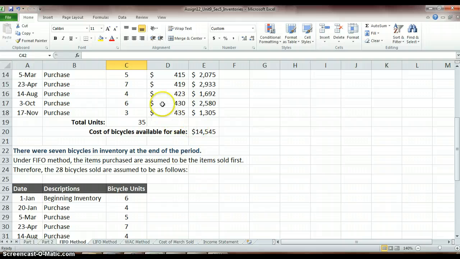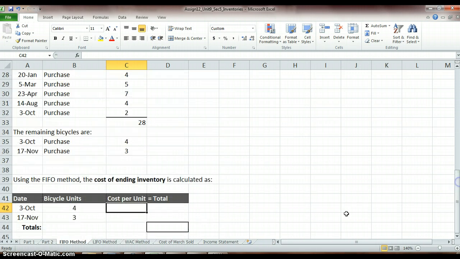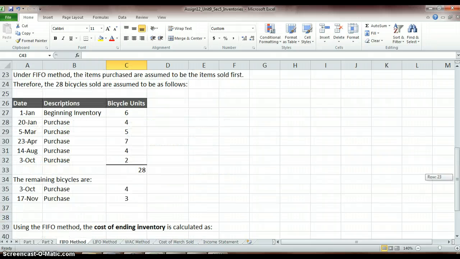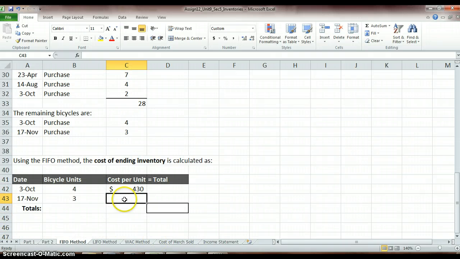And I see that I purchased these bikes at $430 a piece. So in October, I bought each bike at $430 a piece, and in November, I bought each bike at $435 a piece. So now I need to come up with my totals here.